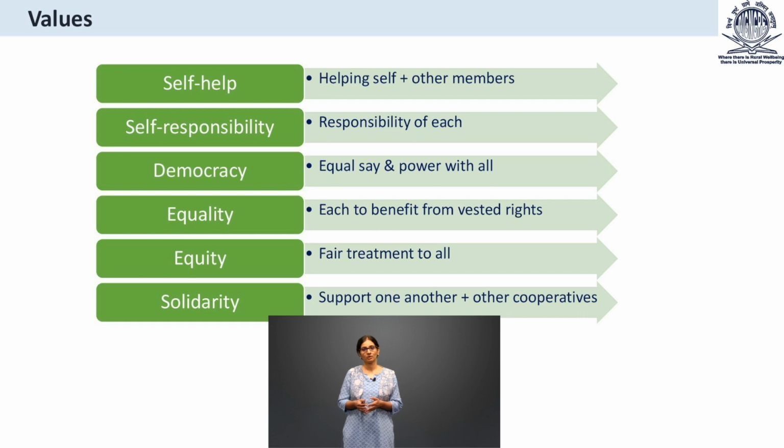Equity, which means that all members are treated fairly without any form of discrimination. And equity is essential to creating a harmonious relationship among all members. And solidarity, which means that members form a unified and united organization where all support one another. And each organization also supports other cooperatives to form a united network.